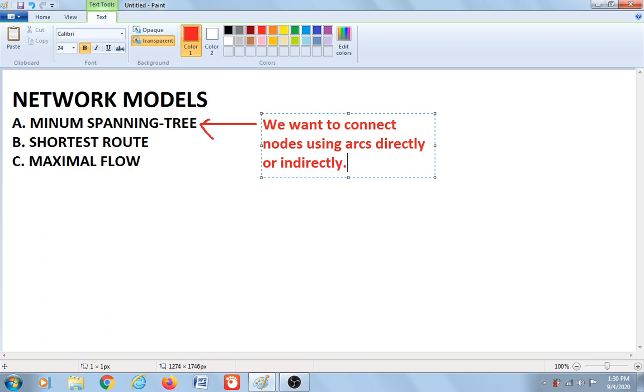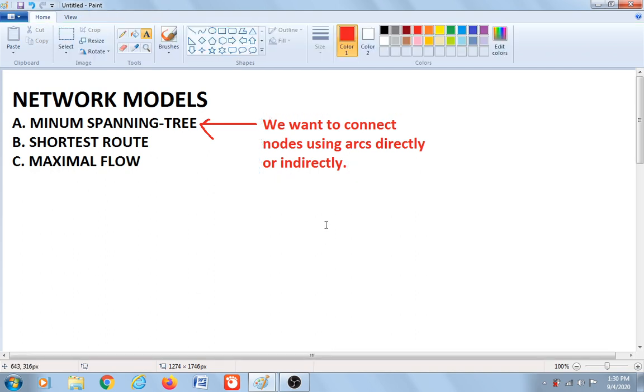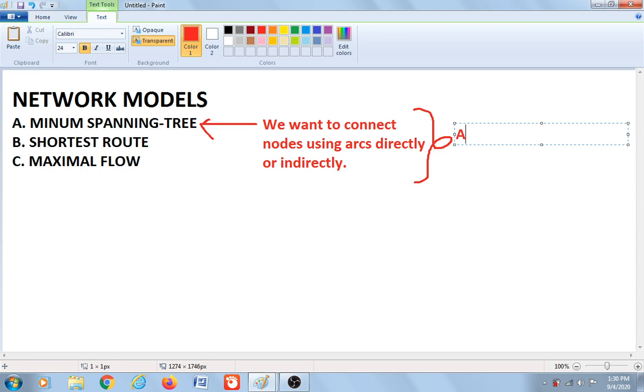Since the connection between nodes can be direct or indirect, in the network we are going to have what we call a spanning tree. And that's why we call the problem the minimum spanning tree problem.